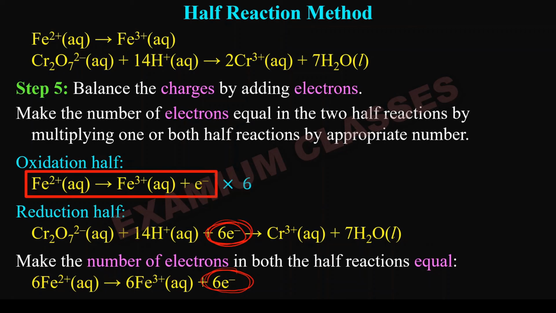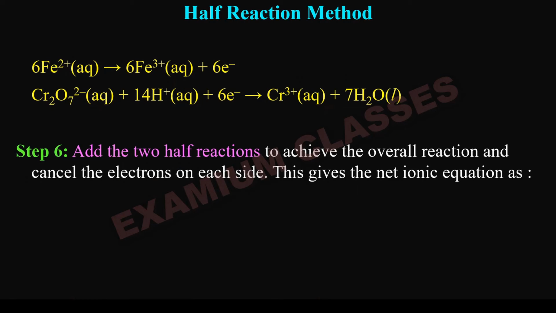Why are we doing it? We are doing it because in the second step we had split the equation into two halves, oxidation half and reduction half. In the last step we will be combining these halves to get the net equation. So when we add these two, we should have these cancelled, and these will get cancelled only if they are equal. Now add the two half reactions to achieve the overall reaction.